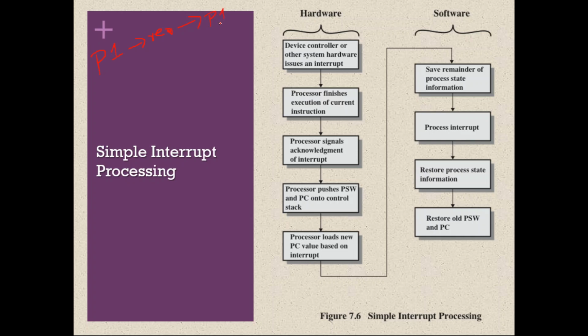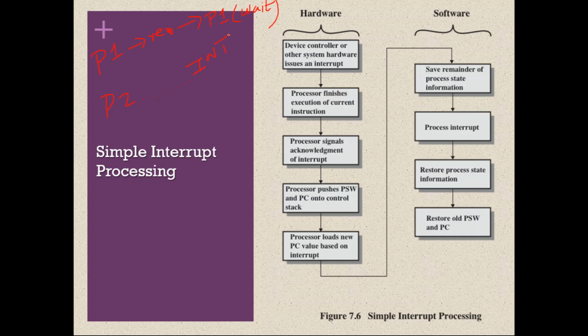Then the processor will start executing P2, but after executing P2 for some amount of time, say the processor receives an interrupt stating that IO is completed. Now what should the processor do? Now the processor should put P2 in waiting state and it should load P1.